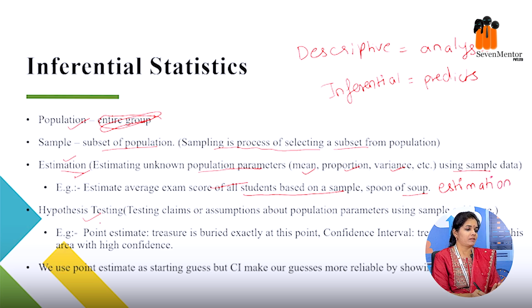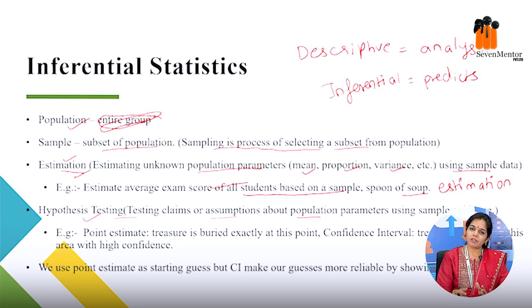The next very trending and very interesting topic, a favorite of all the interviewers, is hypothesis testing. Testing claims or assumptions about population parameters using sample evidence. In hypothesis testing, we first make a statement and then try to find evidence for it.